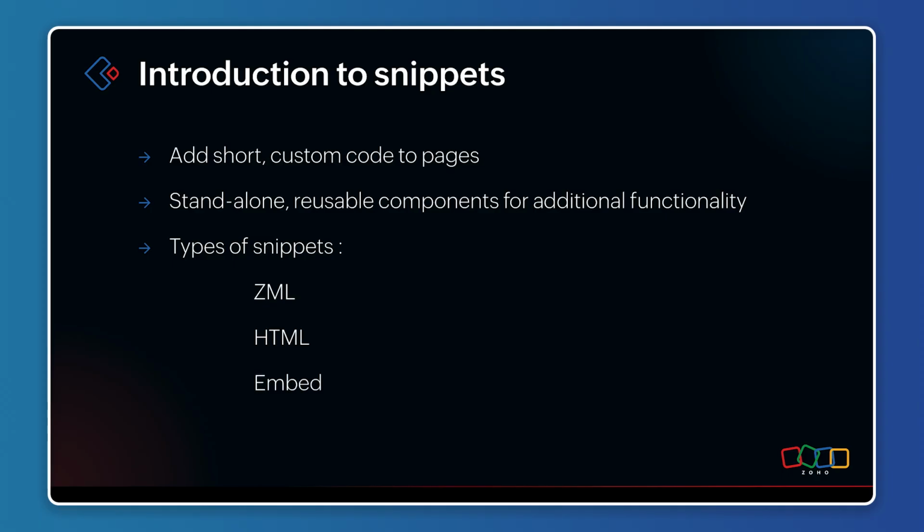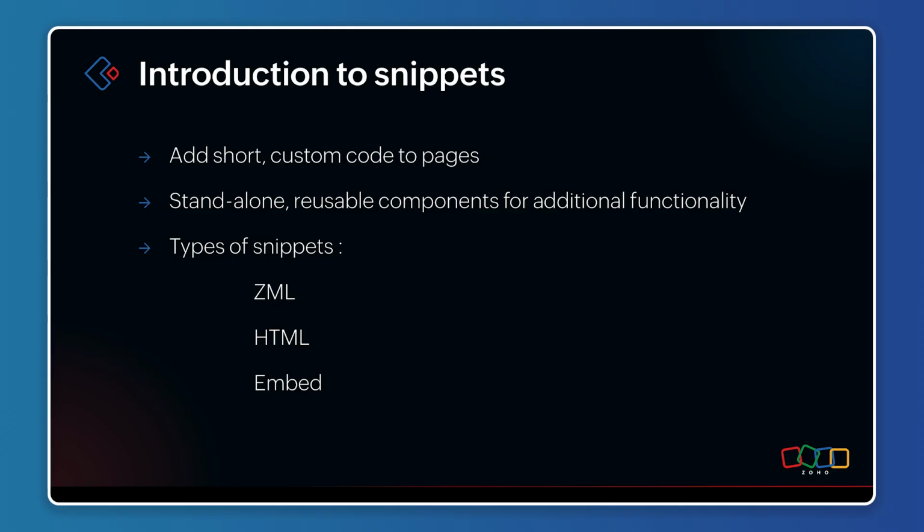ZML is Zoho's markup language, which allows you to create different elements within your dashboard. Then we have HTML. I hope many of you are already familiar with HTML. HTML is hypertext markup language, which again allows you to create a custom dashboard within your Creator application.